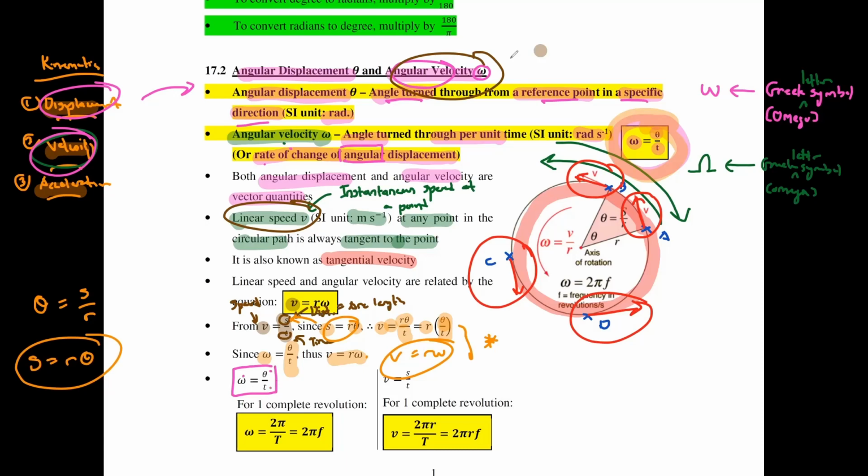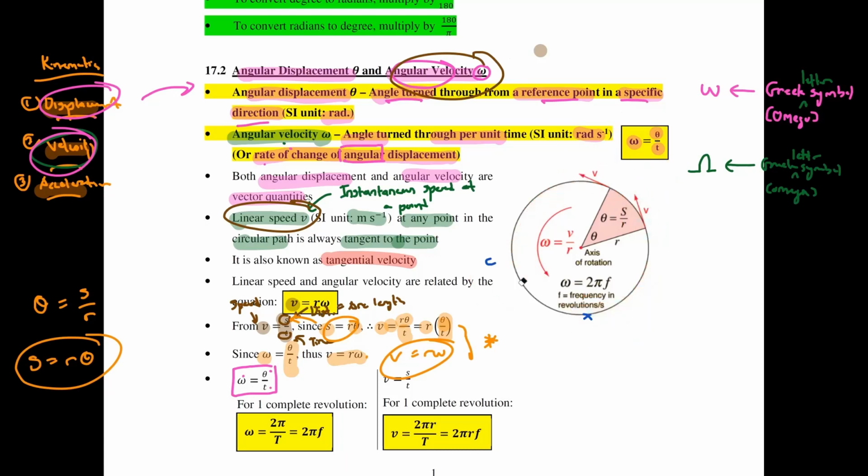Specifically, if you consider something that moves in one complete revolution, meaning something that starts from point A and moves all the way back to point A itself, and I ask you what is the angle covered for one complete revolution, it will actually be 2 pi radians. And then the time taken is actually your period.